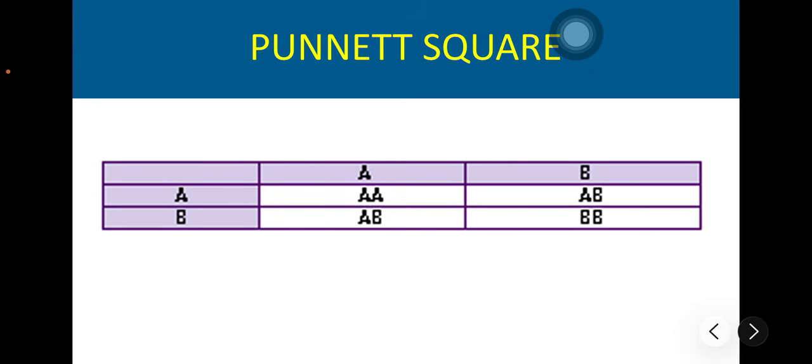So the percentage of their offspring that has AA is 1/4 or 25%, while their offspring having AB is 1/2 or 50%, and then BB 1/4 or 25%. Therefore, the phenotype that can be seen during testing, we have 25% blood type A, 50% blood type AB, and 25% blood type B.